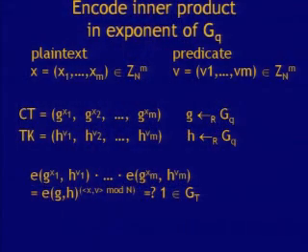And for the token, similarly, choose a random value H in GQ and raise H to the v1 through vm. So now we can easily see that if we just pair these elements together component by component and multiply all the pairings, we end up with E of G comma H with the inner product of x and v mod n in the exponent. So if the inner product is equal to 0, then this value is going to be equal to 1 in the target group.